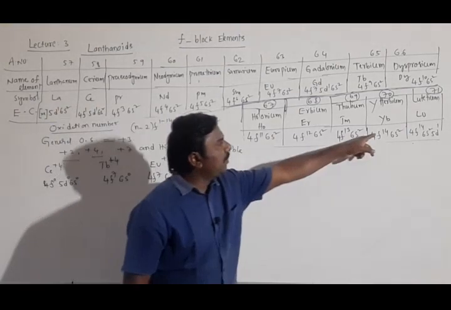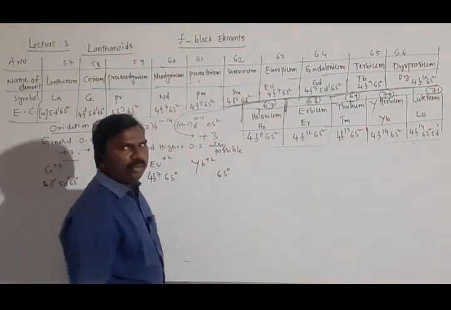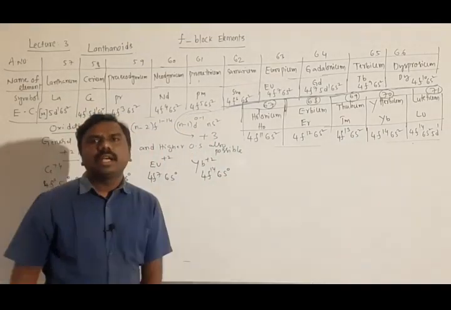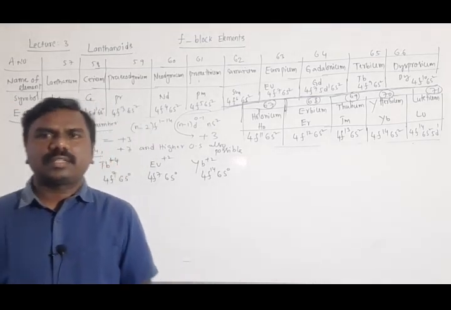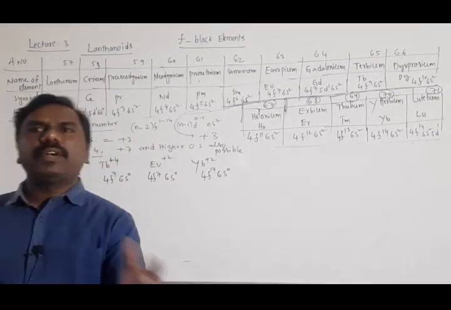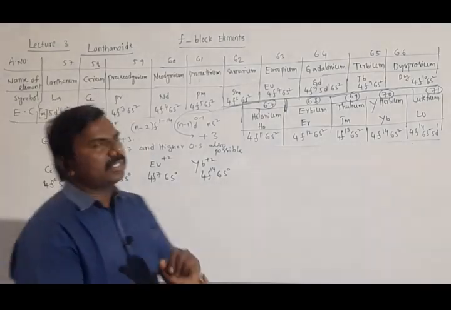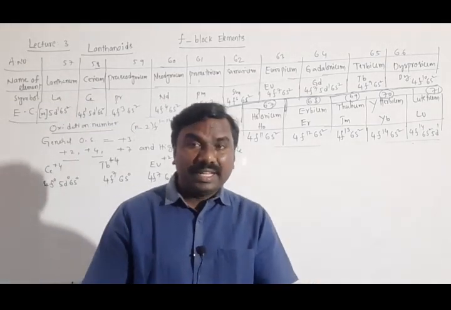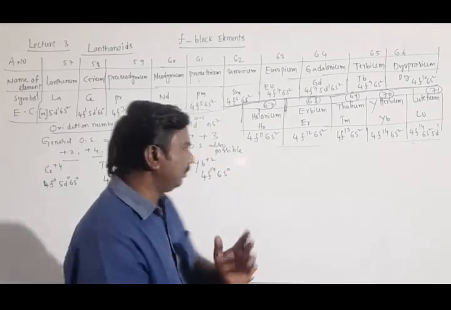And Yb plus 2: 6s2 becomes 6s0 by losing 2 electrons, and 4f14 is left. 14 means completely filled. It means plus 2 and plus 4 oxidation states are stable by getting completely filled or half filled stable configurations. Generally the oxidation state is plus 3, right?